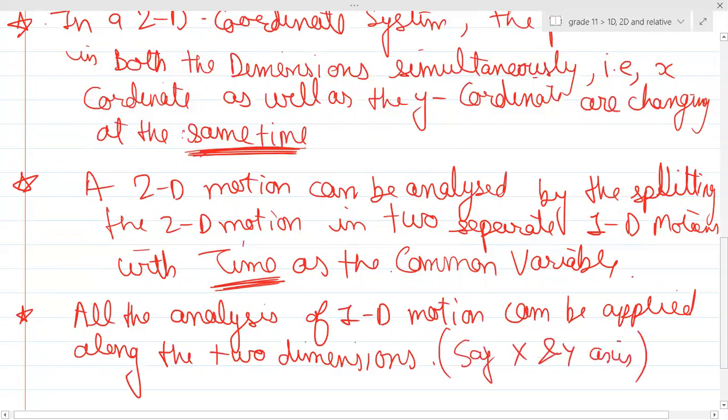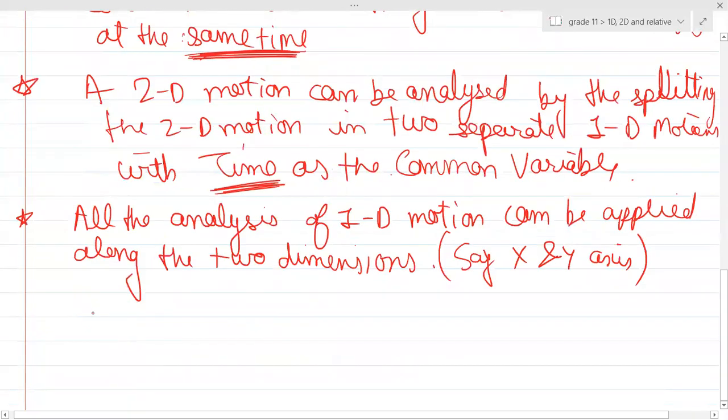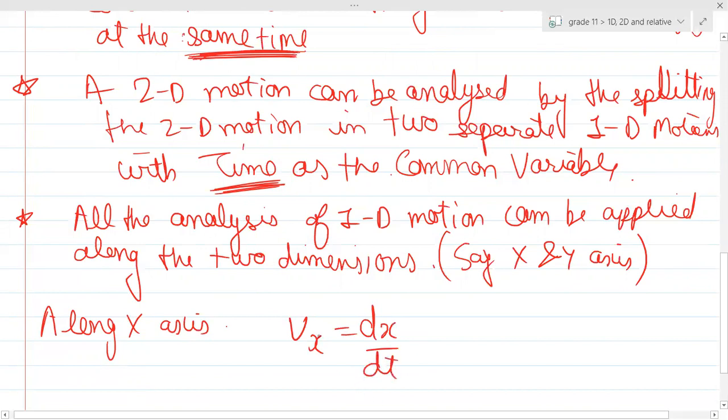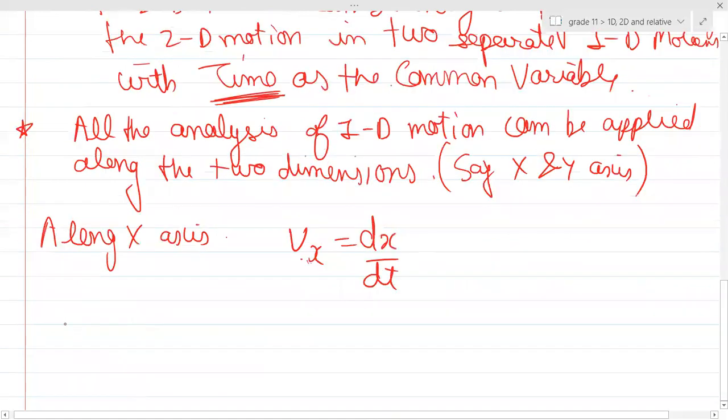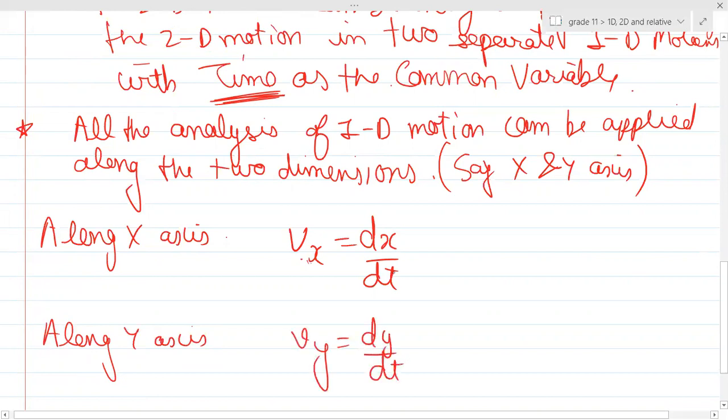So suppose if I say x and y axis, along the x axis, what is happening? The x component of velocity will be the rate of change of the x coordinate, and along the y axis, the y component of the velocity will be the rate of change of the y coordinate. Can you see the time is same?